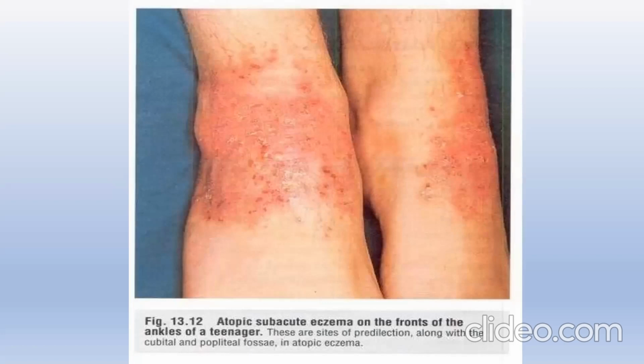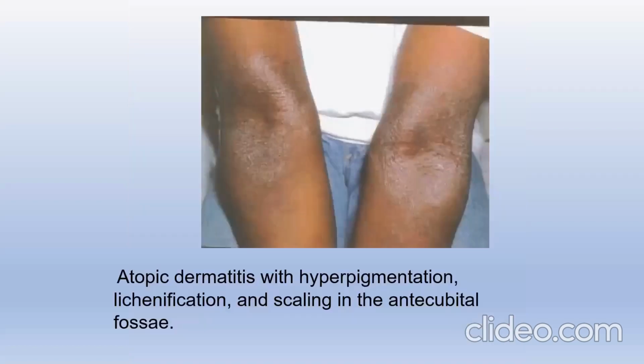So in image, it shows atopic subacute eczema on the fronts of the ankles of a teenager. In this image, it shows atopic dermatitis with hyperpigmentation, lichenification, and scaling in antecubital fossa.